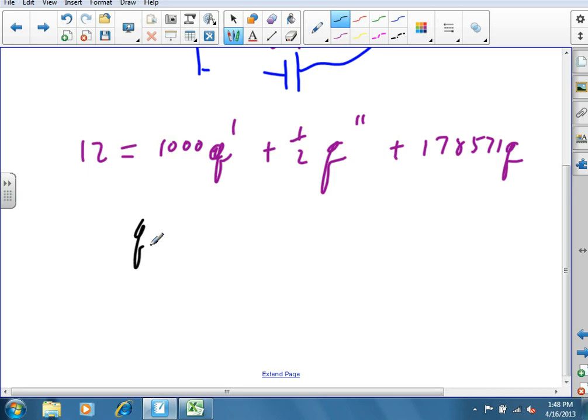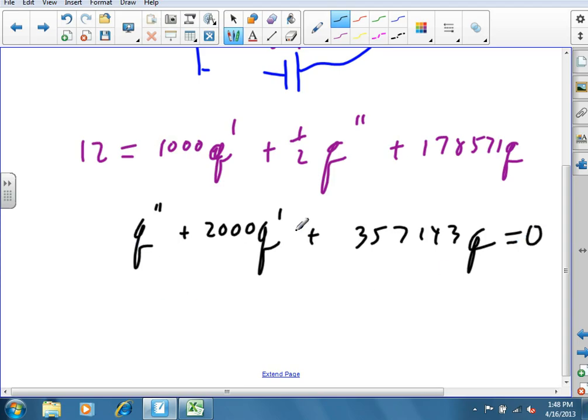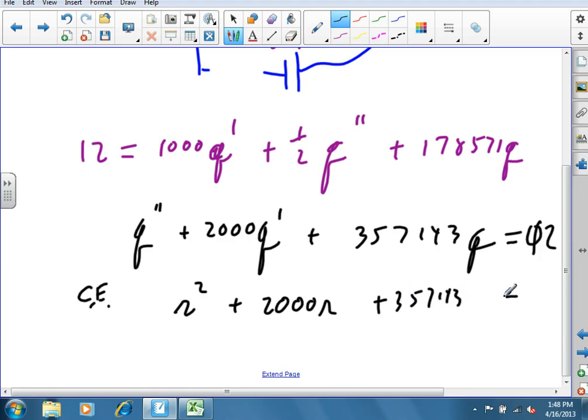So I'm going to have Q double prime plus 2,000 Q prime plus 357,143 Q is equal to 24. And then I have a characteristic equation, R squared plus 2,000 R plus 357,143 is equal to 0.